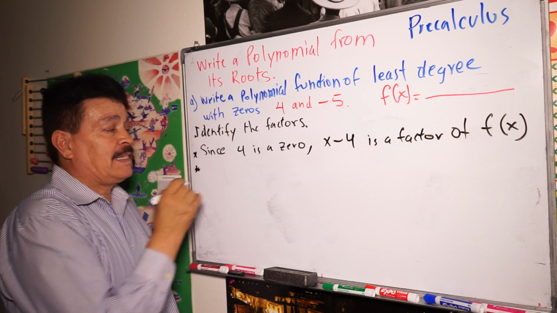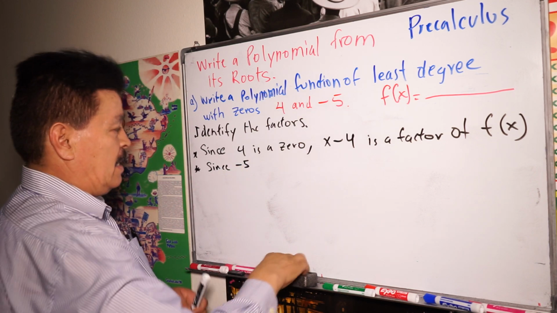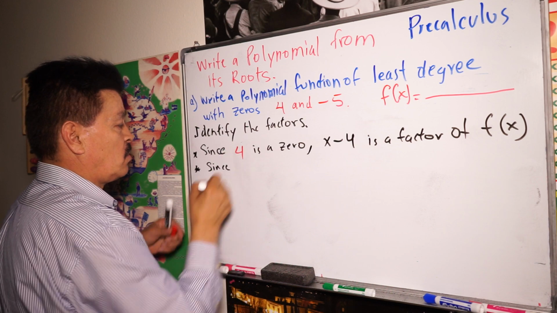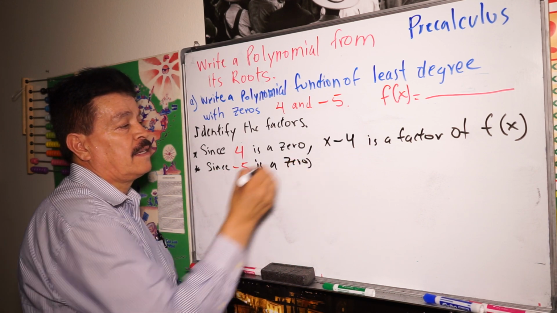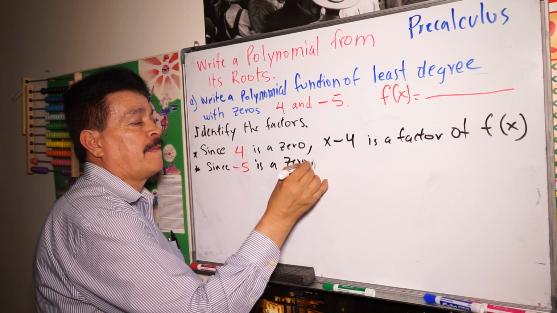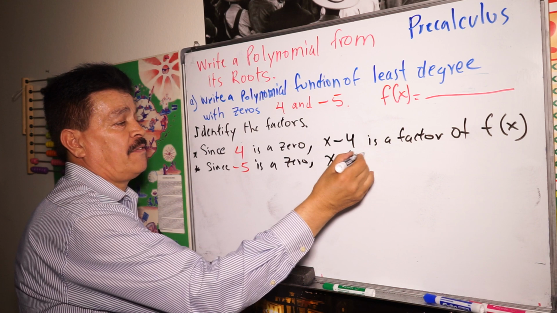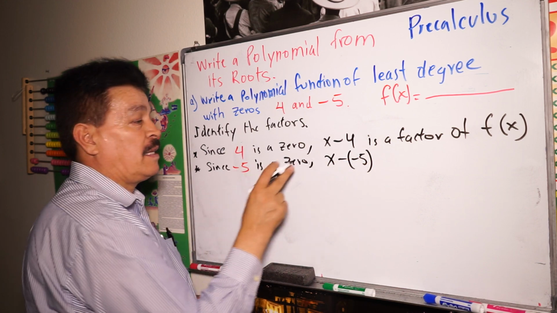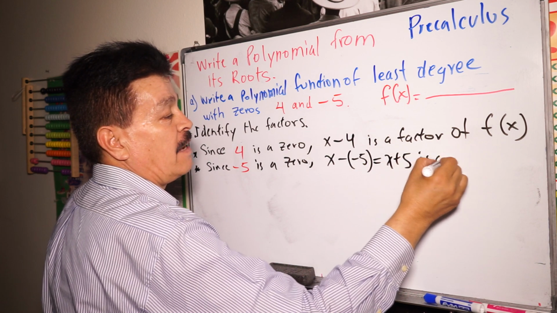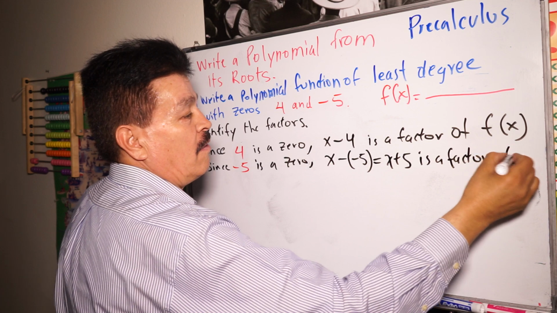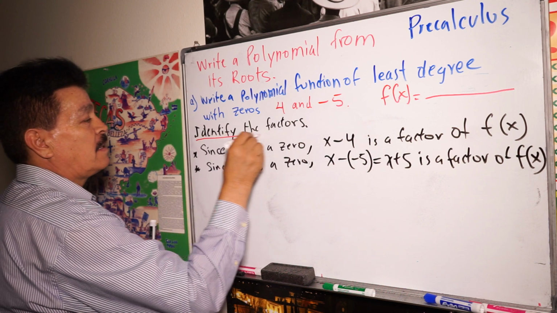Number two, since negative 5 is a zero, x minus negative 5, which simplifies to x plus 5, is a factor of f(x), right?